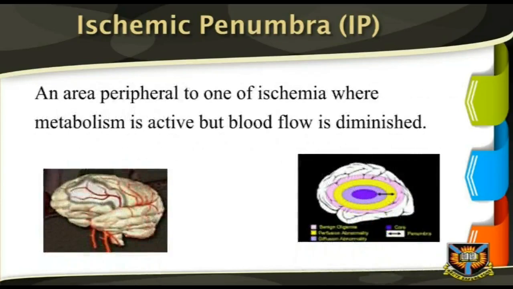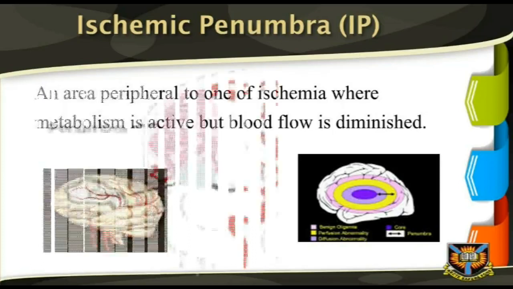The critical time period during which the volume of brain tissue is at risk is referred to as the window of opportunity, since the neurological deficit created by ischemia can be partly or completely reversed by reperfusing the ischemic yet viable brain tissue within a critical time period, 2 to 4 hours.